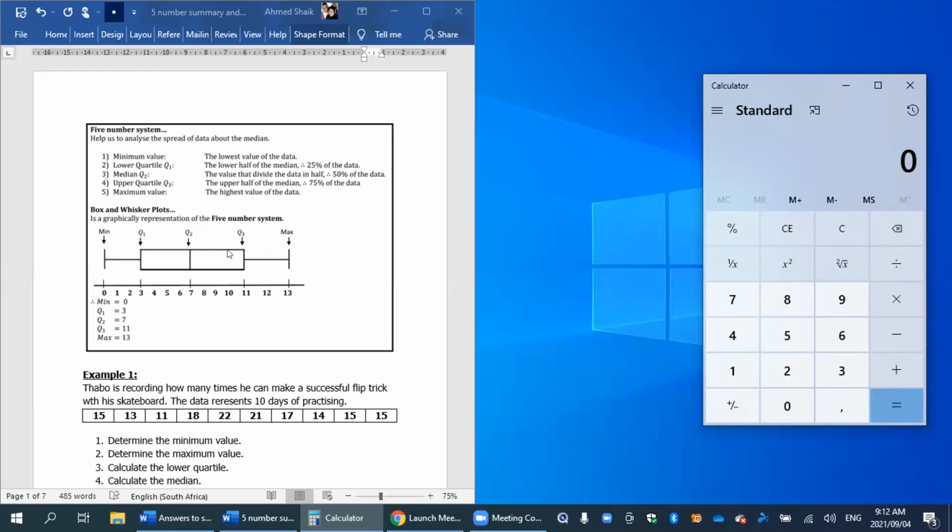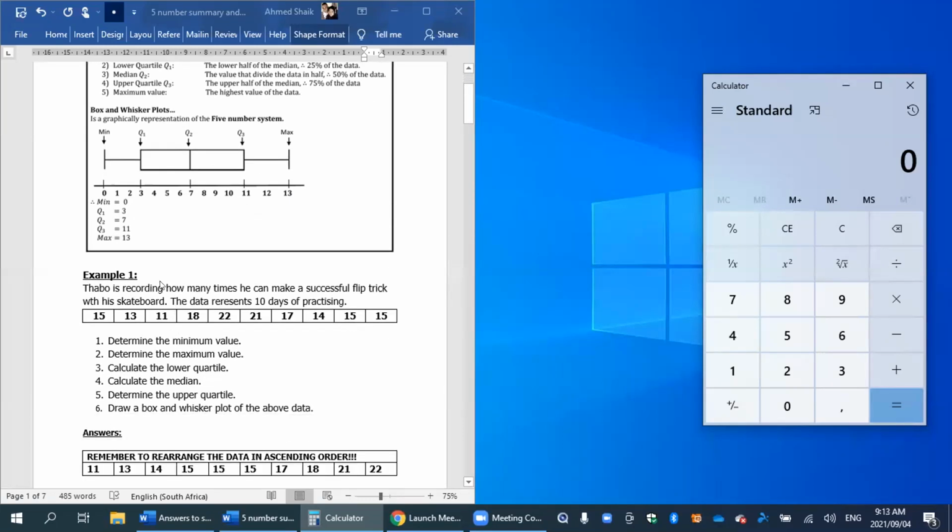And if you look at the right-hand side of the box, it should be in line with Q3, which is 11, and 11 was calculated for Q3 of this data set. And the maximum value, which we've already explained, is the second whisker of the box and whisker plot, and it's the last value or the highest value of the data.